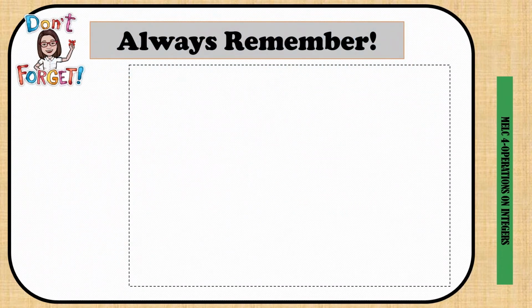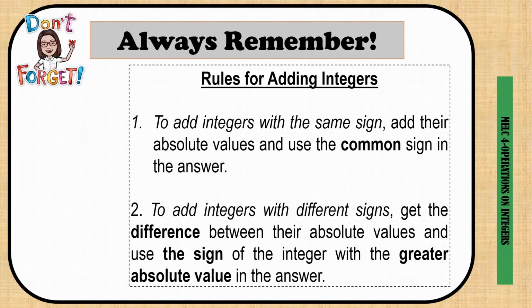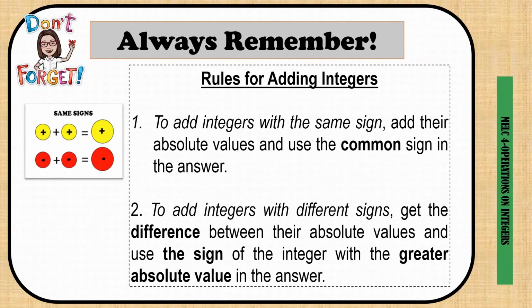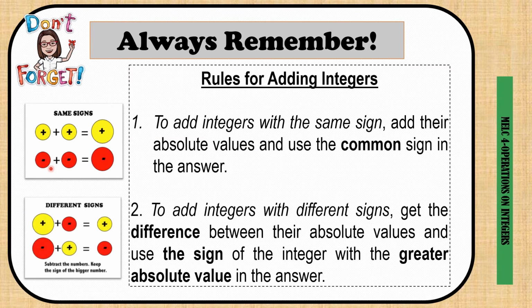I want you to remember this always. In adding integers, these are the rules. To add integers with the same sign, simply add and then copy the sign common to them. So positive plus positive remains positive. Negative plus negative remains a negative number. But if you have integers with different signs, get the difference between their absolute values and use the sign of the integer with greater absolute value.